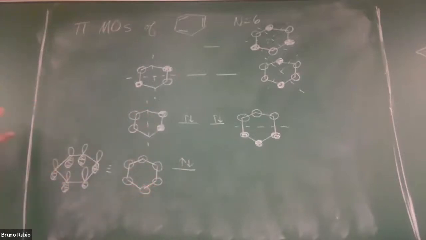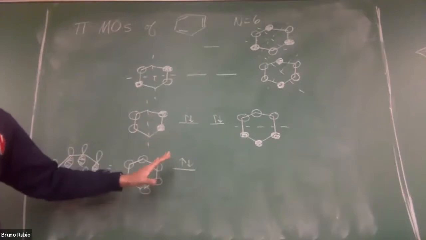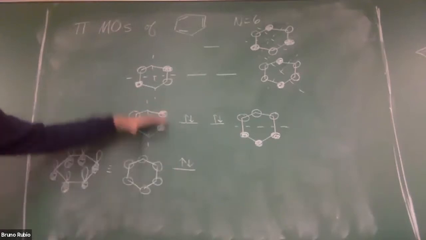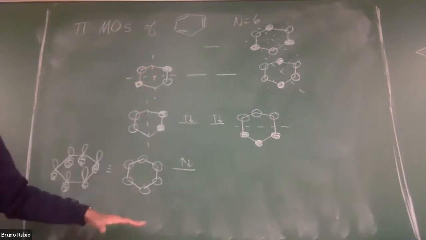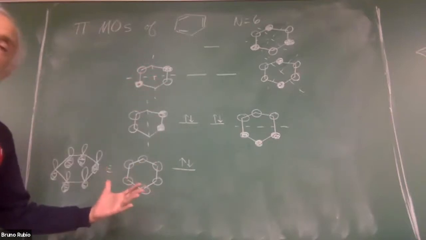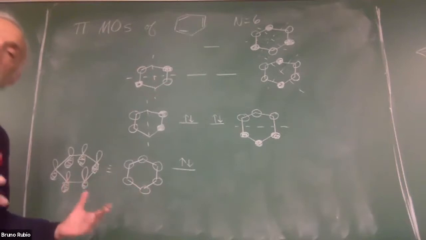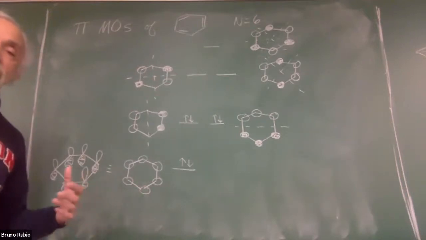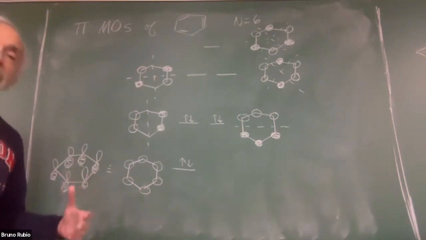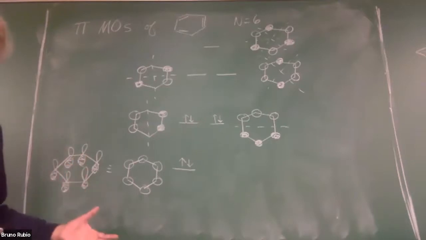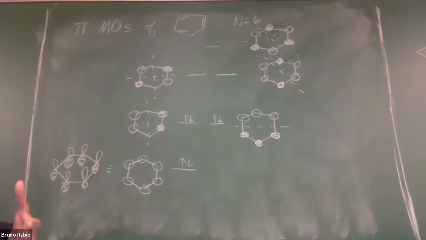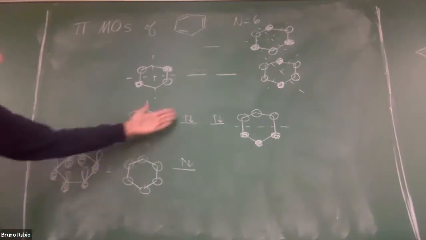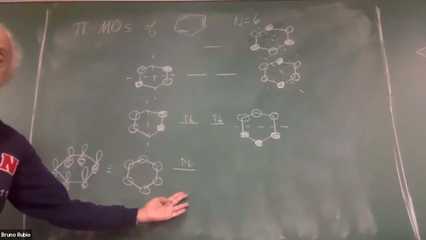Okay, and so now here's an important point, the whole reason that we go through this, the whole reason anyone would care about this, is that we know that benzene is very thermodynamically stable. It has this property of aromaticity, and we want to have an explanation for why benzene is thermodynamically stable, and we're looking at it right here.